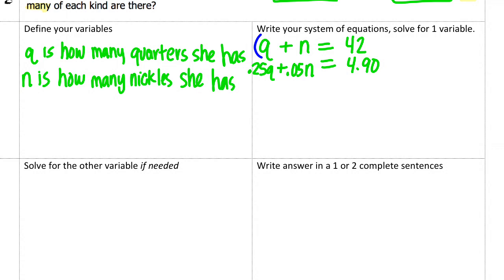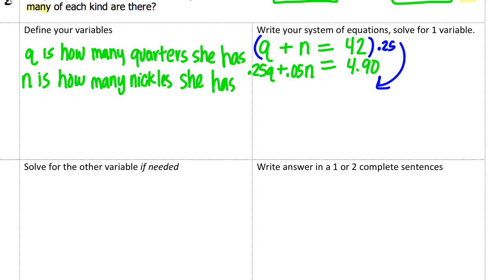So I'm going to do parentheses, I'm going to multiply by 0.25, and then I'm going to actually rewrite it down here. So I'm going to do 0.25 quarters plus 0.25 nickels equals 0.25 times 42. So again, if you have a calculator handy, 42 times 0.25 should give you 10.50.